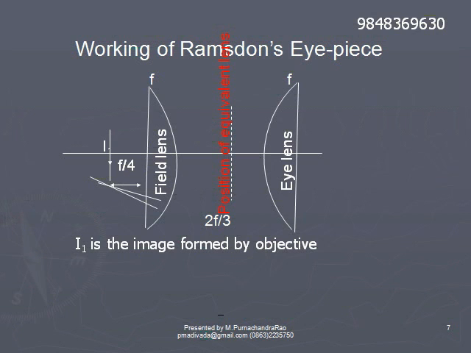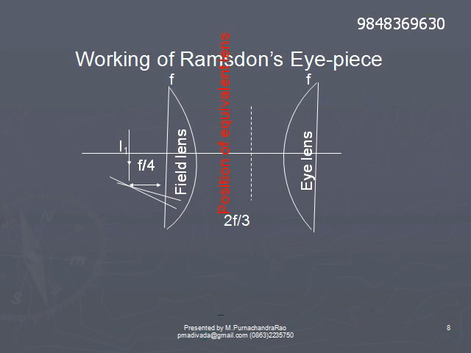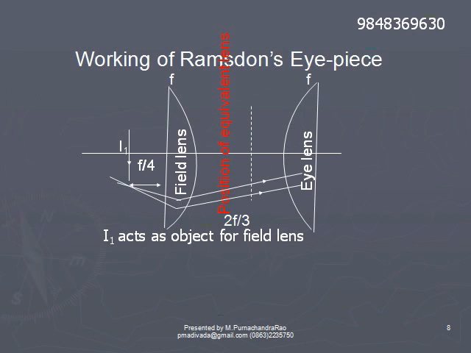This image I1 acts as the object for the field lens. The rays coming from this object fall on the field lens, and after refraction in the field lens, they move towards the eye lens.